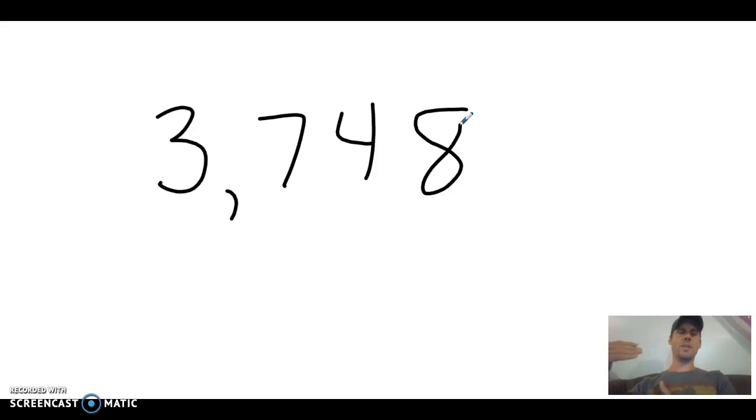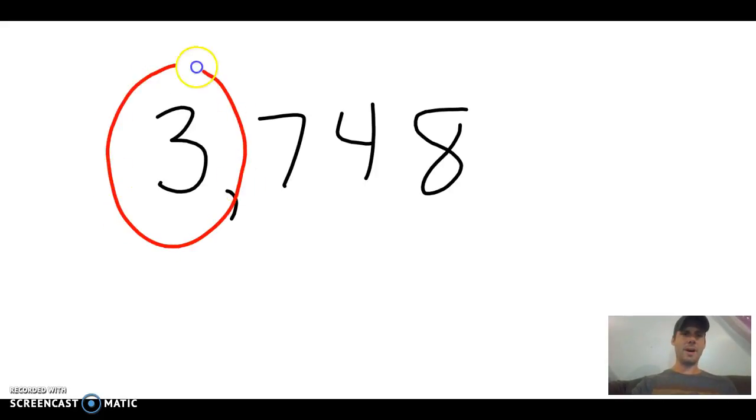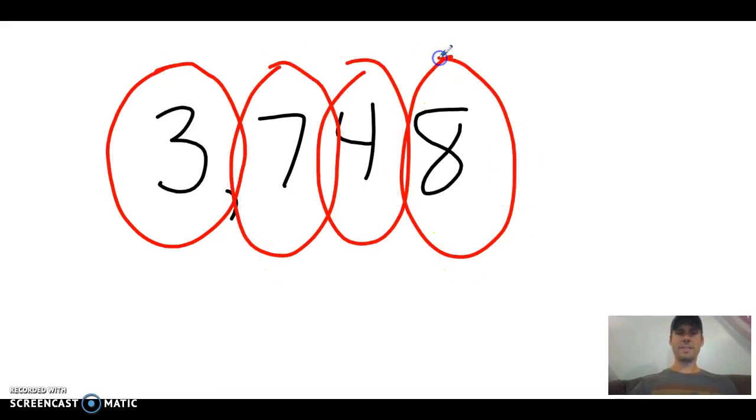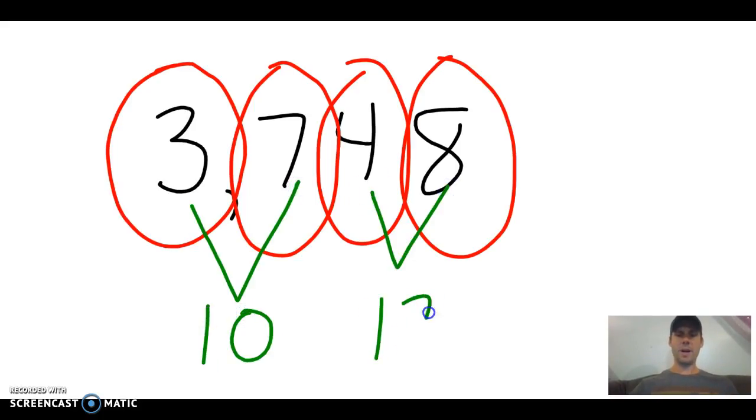So we're going to find the sum of the 3 plus the 7 plus the 4 plus the 8. I might go something like this to help me out. I know that 3 plus 7 is 10, and 4 plus 8 is 12. So 10 plus 12 is 22. So the sum of these 4 digits is 22.